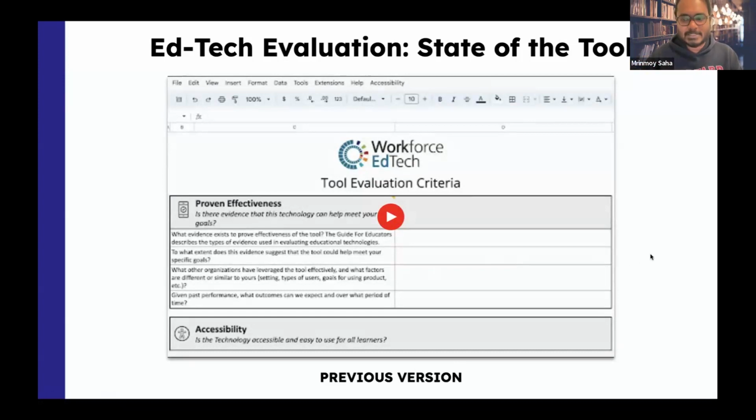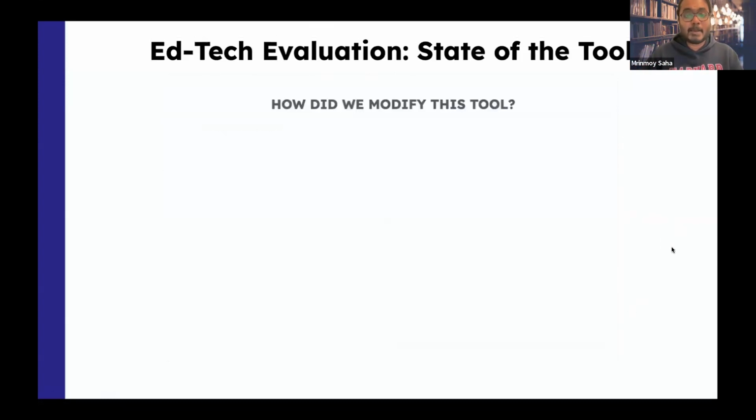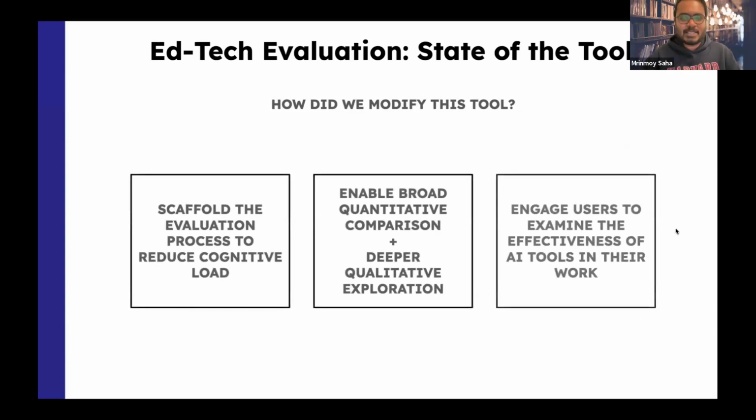Given the incredible advancement of AI over the past couple of years and the rapidly changing landscape, we decided to look at different ways in which we could modify this tool. We wanted to find ways to make this tool more accessible for all of our users. These were 3 ways in which we wanted to make this tool more effective.